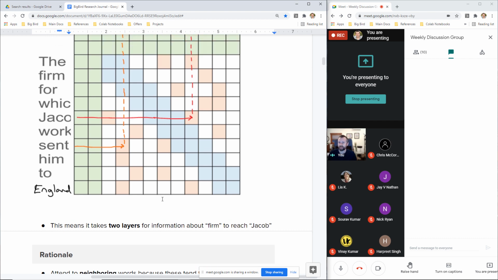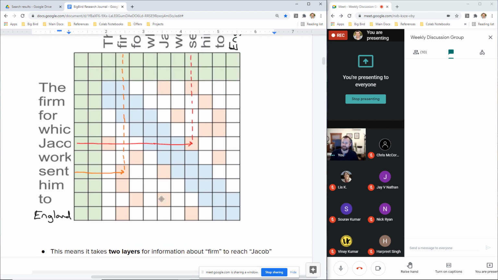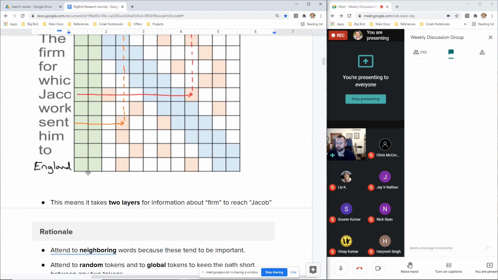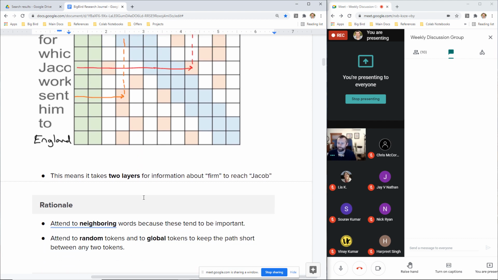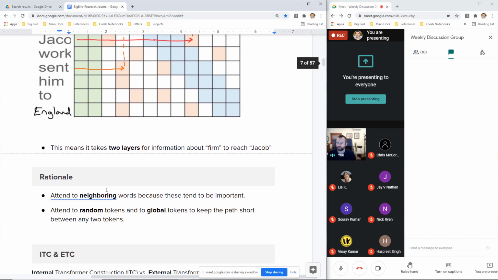However many hops it takes to get to the word, that's how many layers there need to be for the information to travel. So in this case, it takes 2 layers for information about firm to reach the token for Jacob. So understanding that explains the rationale for how they chose what to attend to.